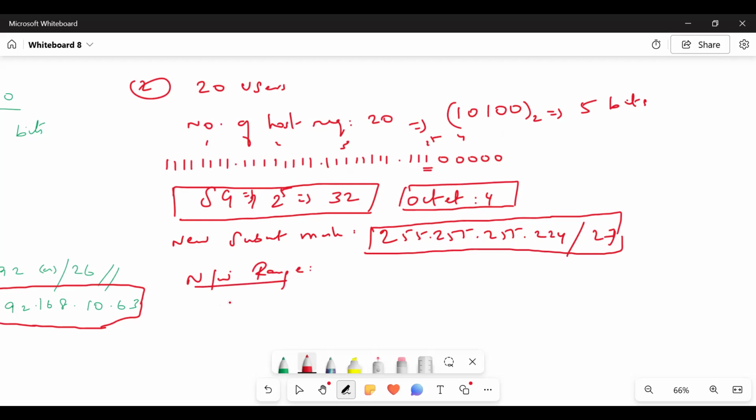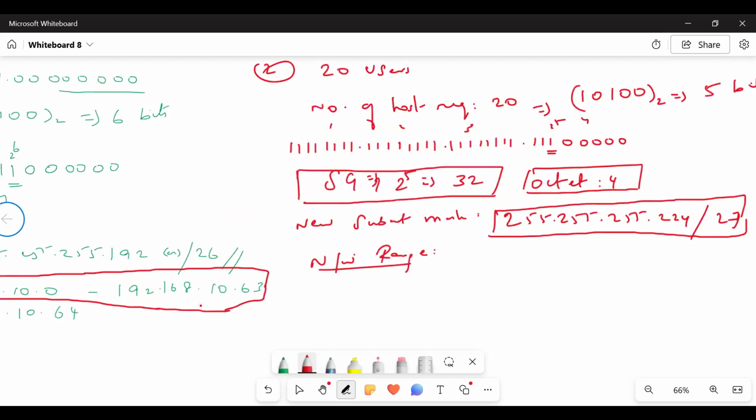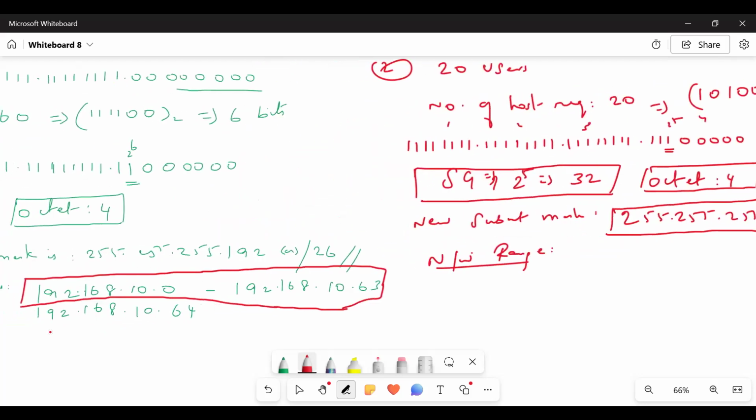So network range, how can we write? 30 to 32, we have to subnet. Now we are going to take the next subnet from this one. From this will be our first IP.